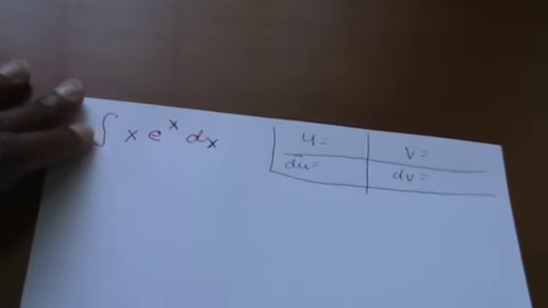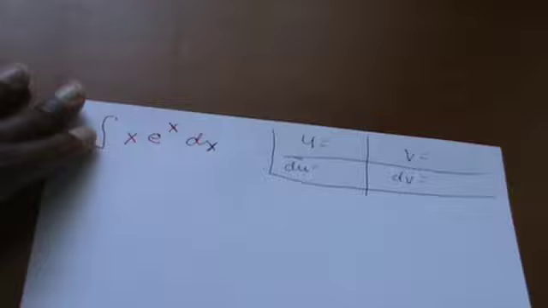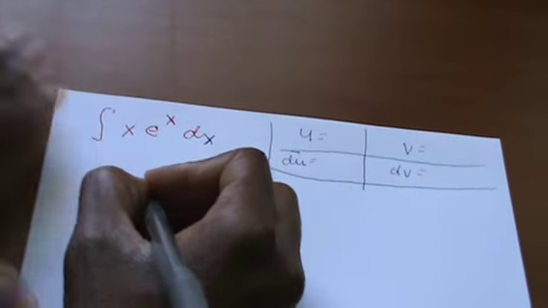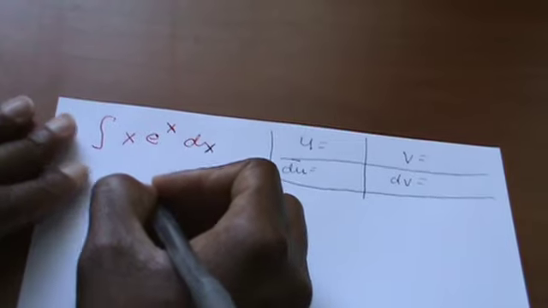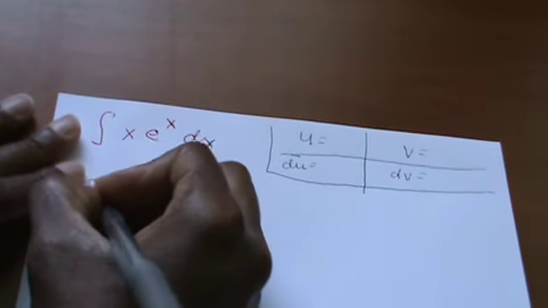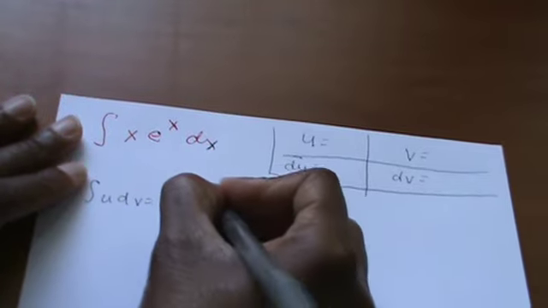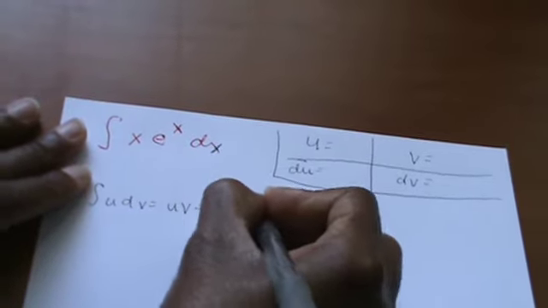Okay, so the formula says that when you take the antiderivative of u dv, this equals uv minus the integral of v du.